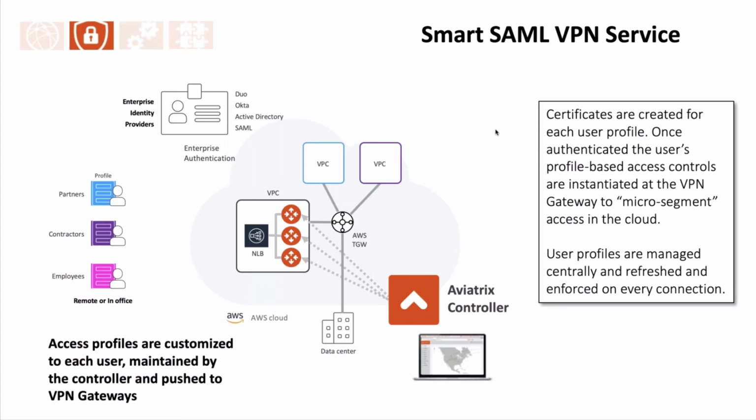Now, each one of these different types of users will be given a profile that is customized for each one of the users. This profile is maintained by the controller, but it's pushed out to each one of the gateways. So at any point that somebody wants to change the profile, wants to change what that user has access to, it can be changed at the controller, and the next time the user comes to authenticate, he will get a different profile, which gives him different access.